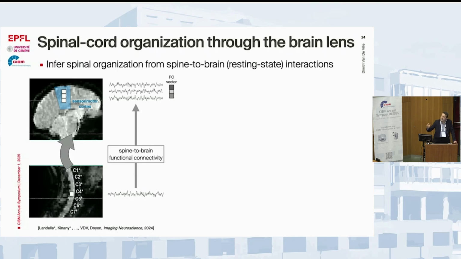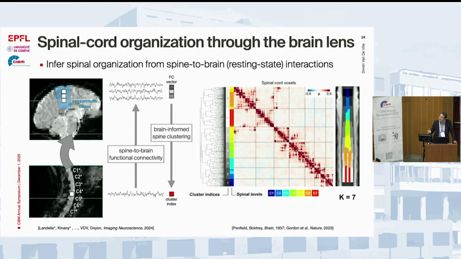So we're kind of getting for every voxel in the spine a feature vector, which tells us what is its functional connectivity with the sensory motor cortex. And then you can do clustering of the spine based on those sensory motor functional connectivity vectors.